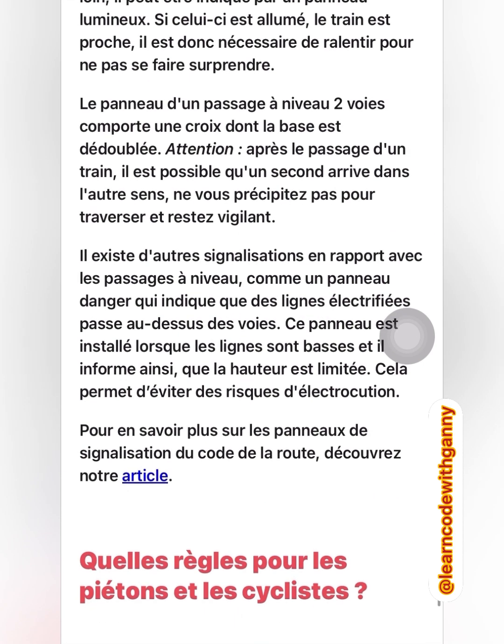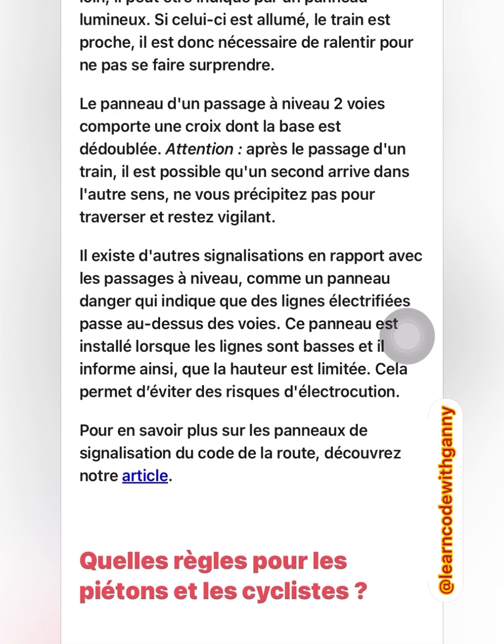Okay. The panel of a two-lane crossing has a cross with a split base. Attention, after the passage of a train, it is possible that a second train arrives from another direction. Do not rush, remain vigilant.